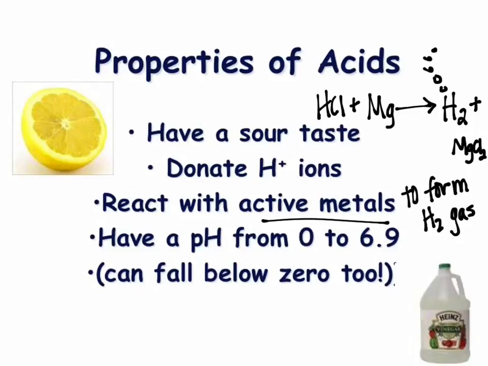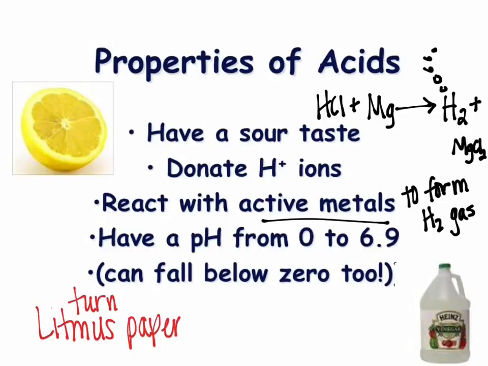One other thing I want you to know is litmus paper, which we'll really talk about tomorrow, but this is on your homework. Litmus paper is a pH indicator. What acids do is turn litmus paper red. Litmus paper is red or blue.